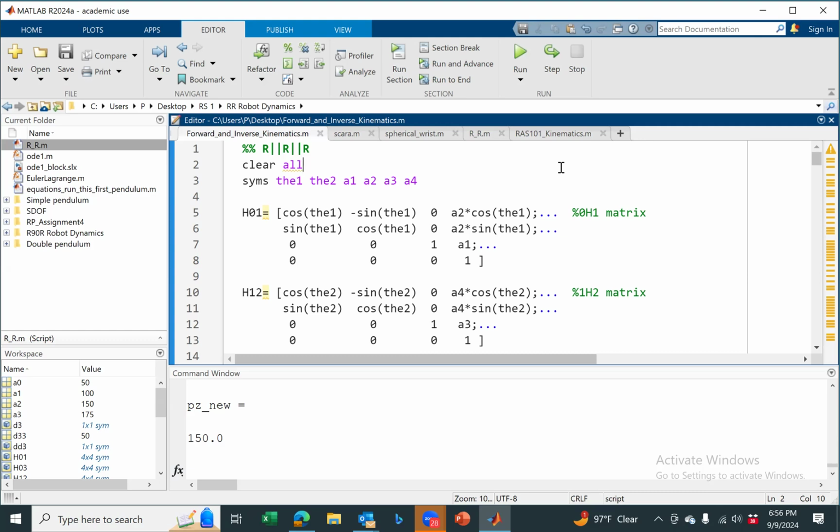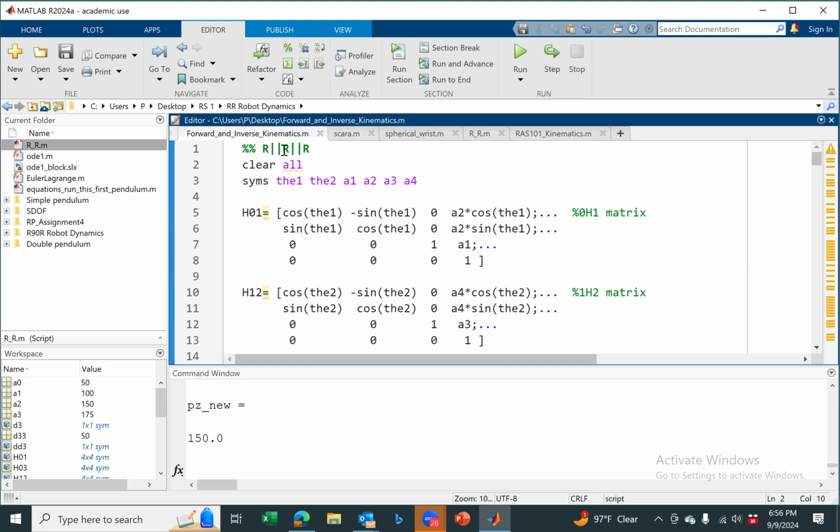Everyone understood this? The only thing you are going to change is H01, H12, H23, H34, and whatever, however many Hs you have. Everyone understood this? Open your MATLAB and let's start line by line.